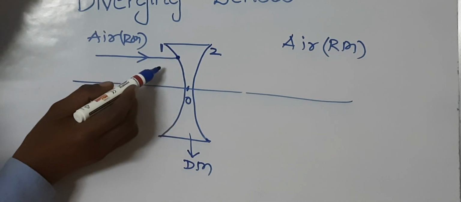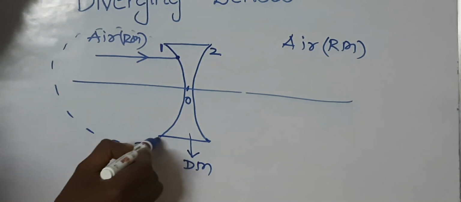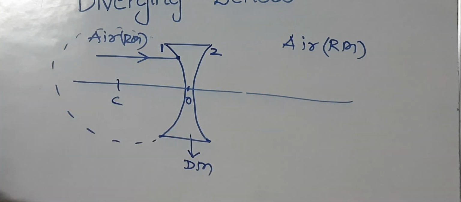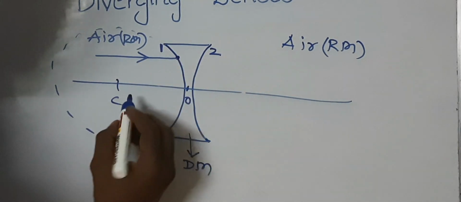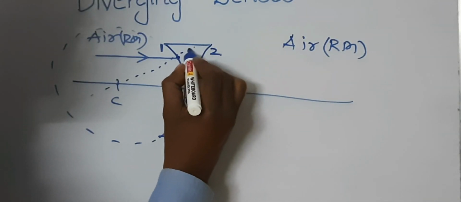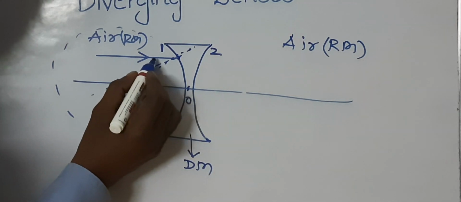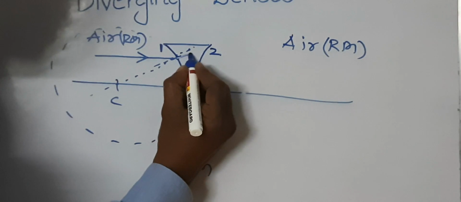So I am extending this surface. See here, it is part of a sphere. This is the center of the sphere. I am drawing the normal at this interface. The normal should pass through the center of the sphere. Here the light ray is traveling from rarer to denser, so it bends towards the normal. So it bends like this.